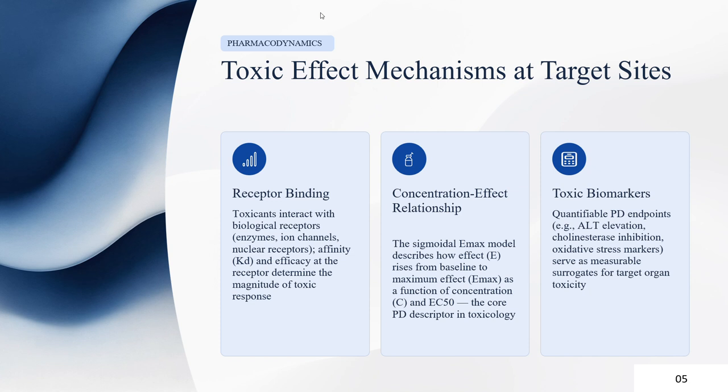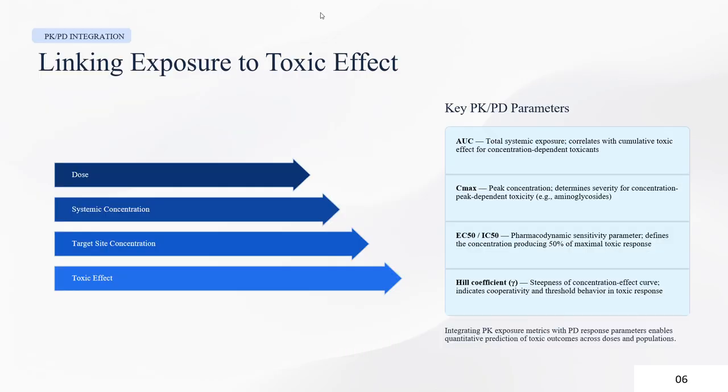Then third is toxic biomarkers. We use biomarkers for detection of specific diseases, such as elevated liver enzymes, cholinesterase inhibition, and oxidative stress markers, which provide a measurable indicator of that particular toxicity. These biomarkers help to assess the severity of that toxic effect and monitor safety.